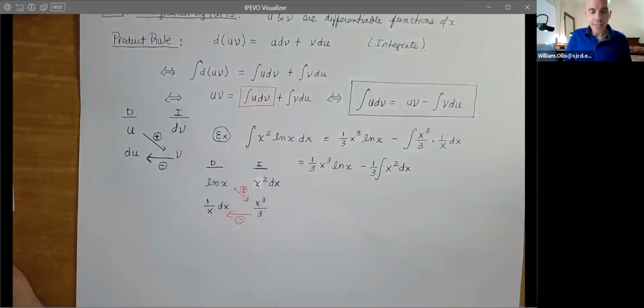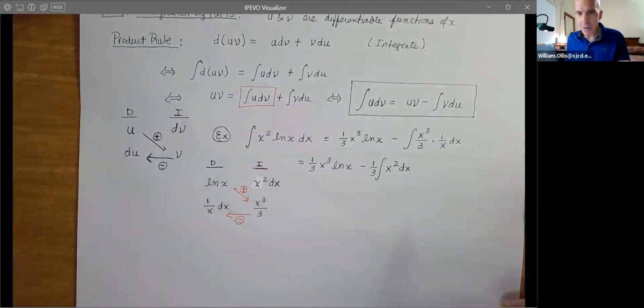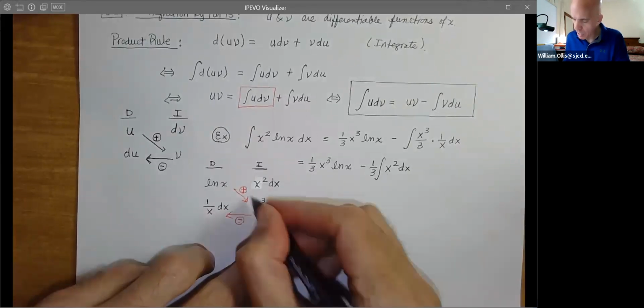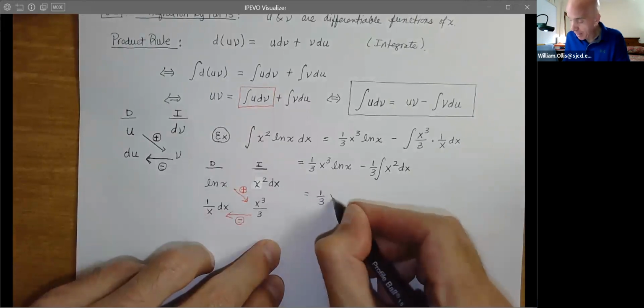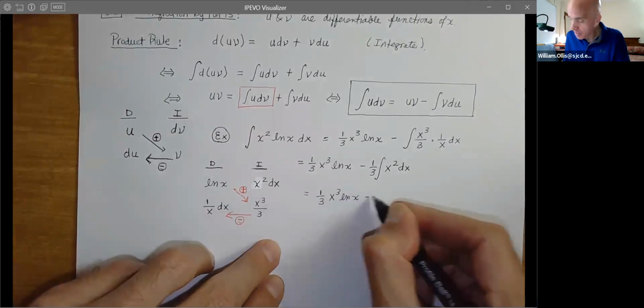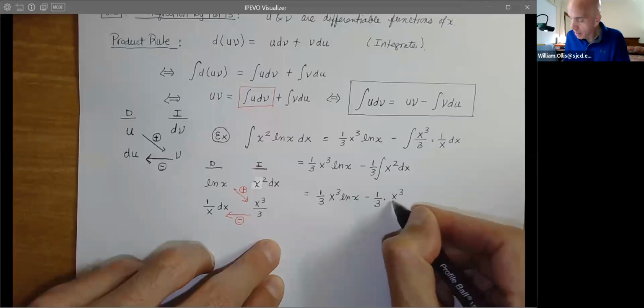So now what we see with this very simple example here, and I think sometimes, like I said before, it's so simple that it's like, I'm just making this up. And now you're thinking, okay, add 1 divided by the new power, just like we did there, we're done. So we get 1/3 x cubed ln x minus 1/3, then x cubed divided by 3.